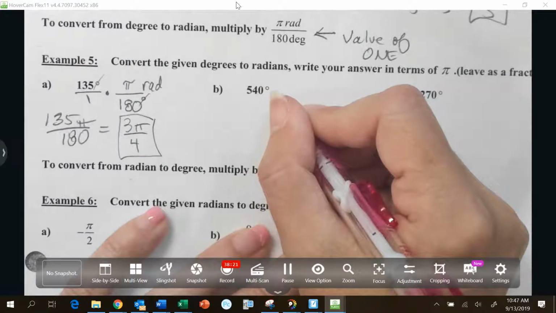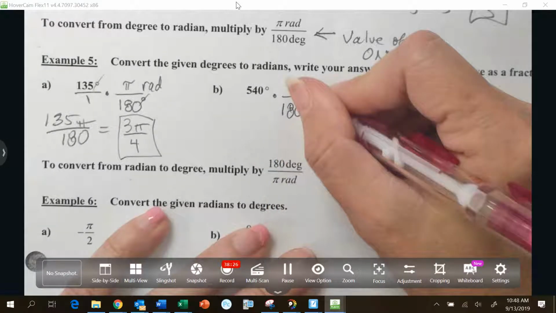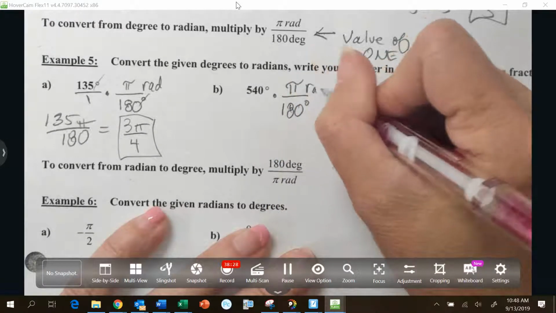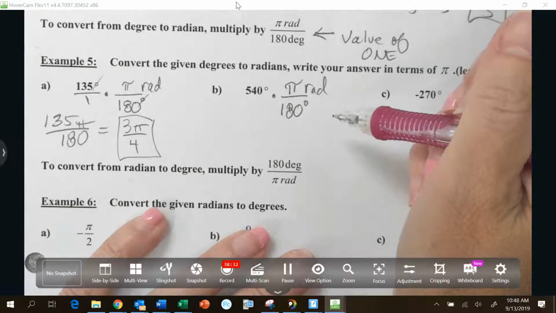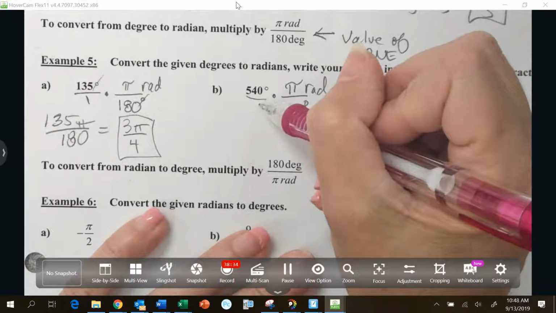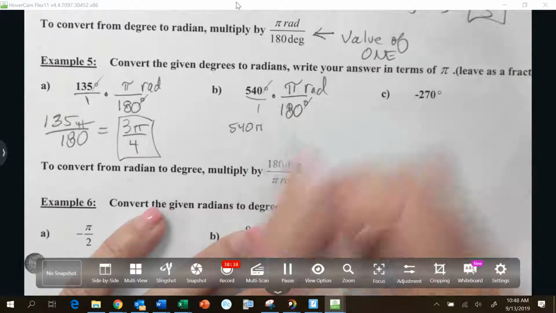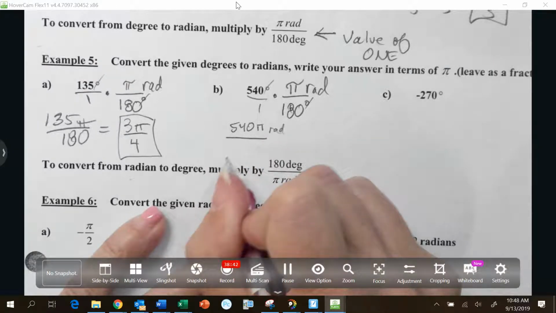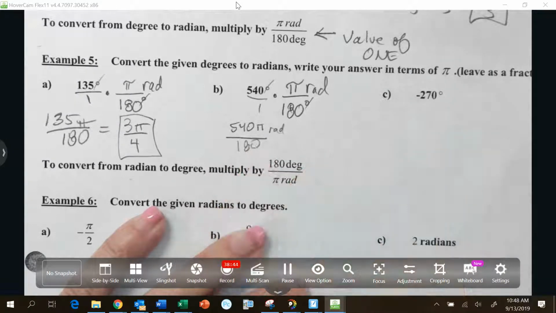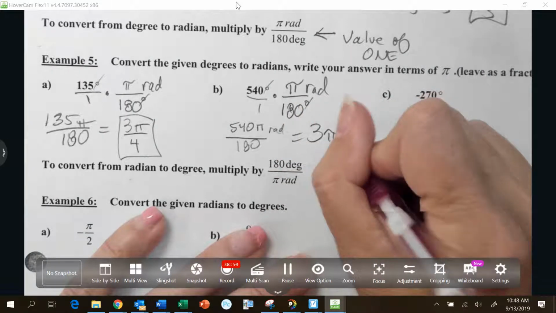540, that is degrees, so I'm going to have to put degrees on the bottom and put what is equivalent on top, our pi radians in 180 degrees. Multiply straight across, and my degree symbols cancel out. And I get 3 pi radians.